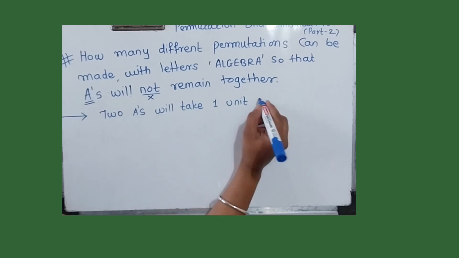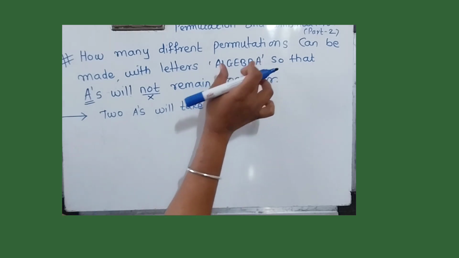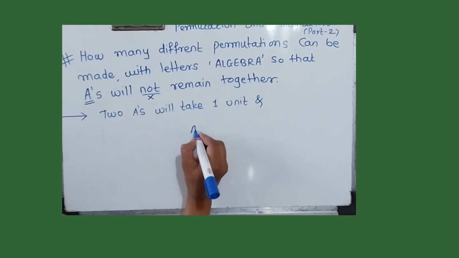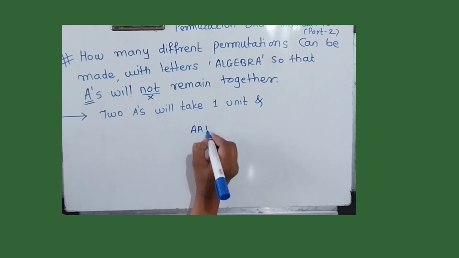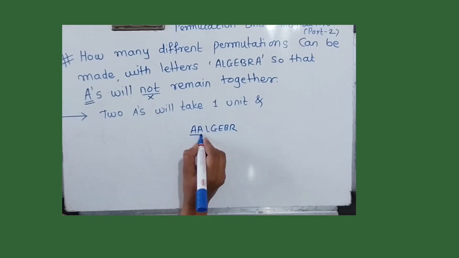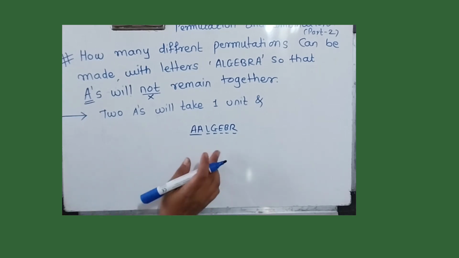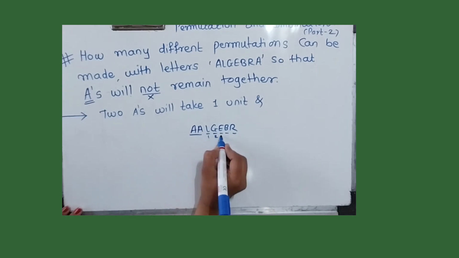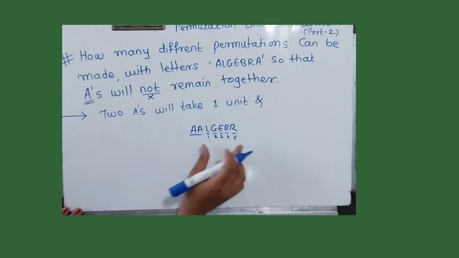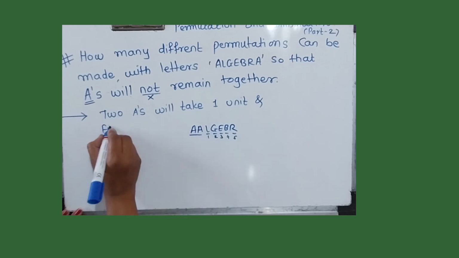If I take the bunch of A's, then what is remaining? L, G, E, B, R. 1, 2, 3, 4, 5. So 5 letters are remaining.